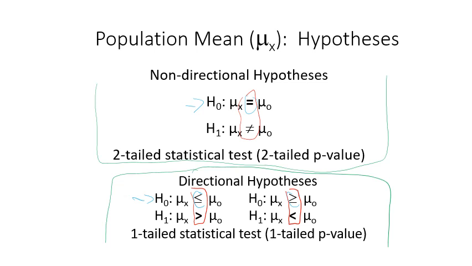When we're looking at what's on this slide, the final thing, I've got lots of different colors here. Let's put the last color as purple. I'm just going to point out what we are looking at when we're looking at one population mean, what this hypothesis is essentially saying. So we'll look at the non-directional one up at the top.